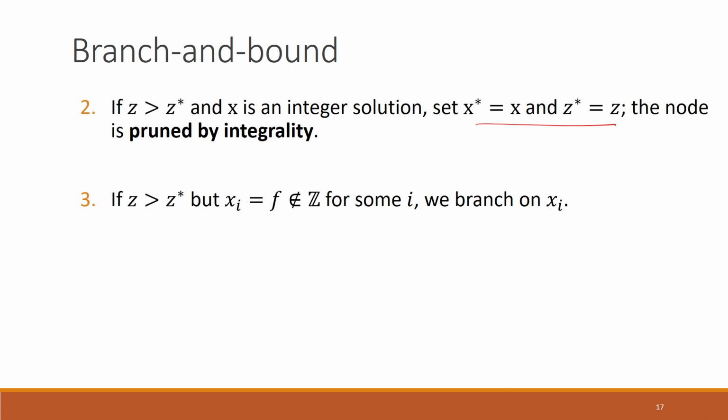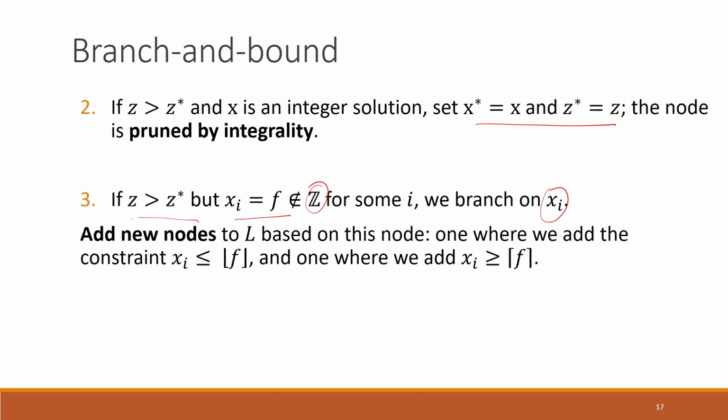We can then have another condition, that z is greater than z star, but the solution that we have obtained is fractional. So x i equals f, a fractional value which is not an integer. Then we branch on this fractional variable, and we add two more nodes. One has the additional constraint that x i is less than or equal to the floor value of f.